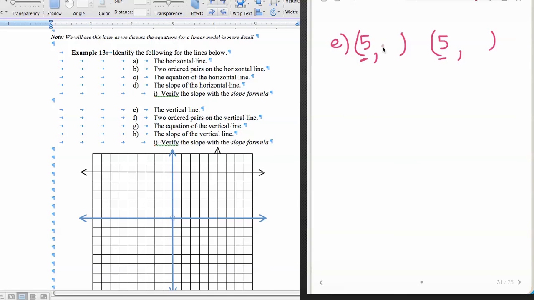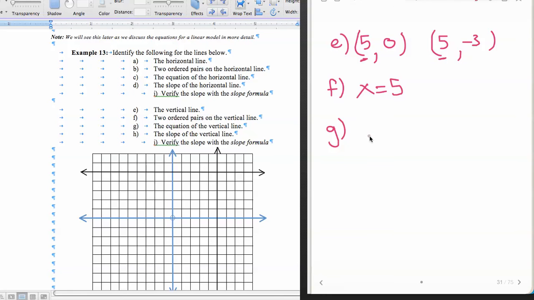So we can just put in anything that we want to. Let's do the x-intercept, 5, 0, and then let's do 5, -3 here. So something totally different. So now we could actually even give the equation because we know every single vertical line is going to look like x equals whatever the x coordinate is. So x equals 5. That's that vertical line's equation.